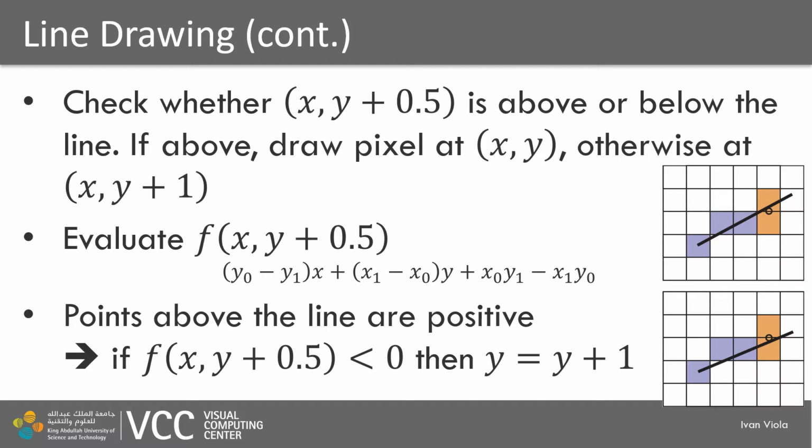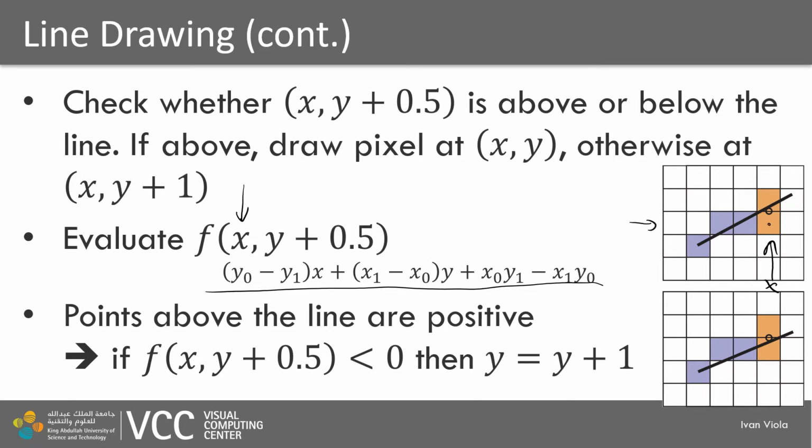The trick is that we evaluate our implicit line, which is described again here, for the point (x, y + 0.5). So this x is the x coordinate here, and the y is this level here.